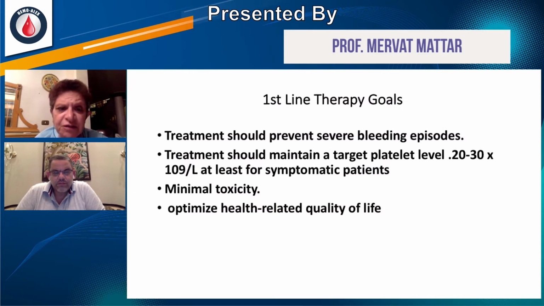Now, first-line therapy goals include treatment that should prevent severe bleeding episodes, and treatment that should maintain a target platelet level of more than or equal to 20 to 30 times 10 to the power of 9, at least for symptomatic patients, with minimal toxicity and optimization of health-related quality of life.